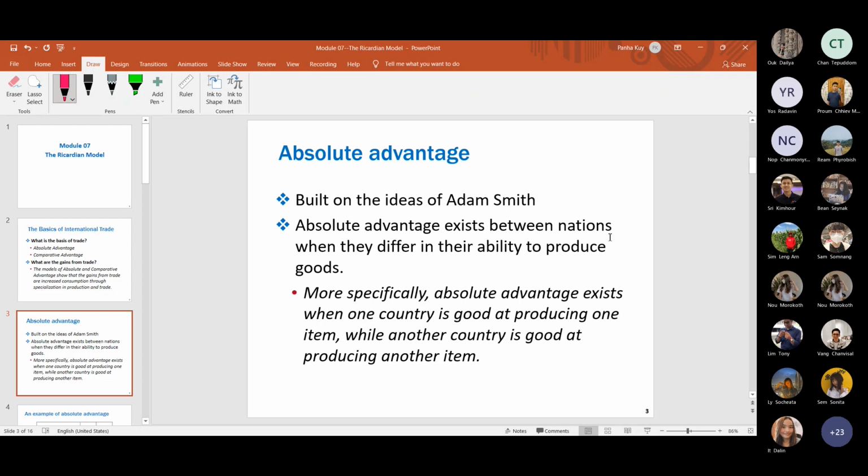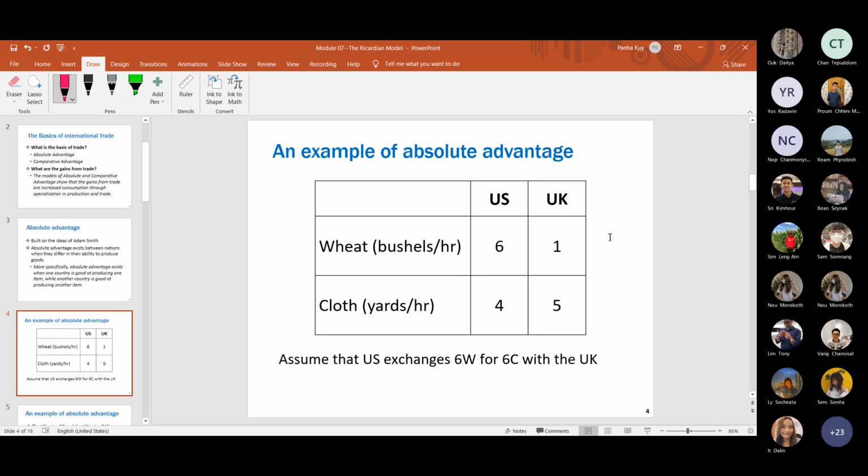Okay. Look at this example, very clear for you. We have two countries, the US and the UK, and two products being produced. One is wheat and the second one is cloth. The wheat we measure by barrels per hour and the cloth by yards per hour.